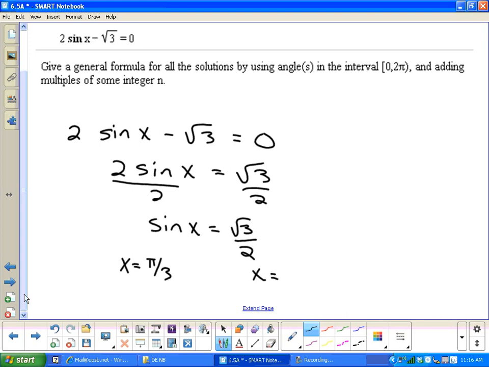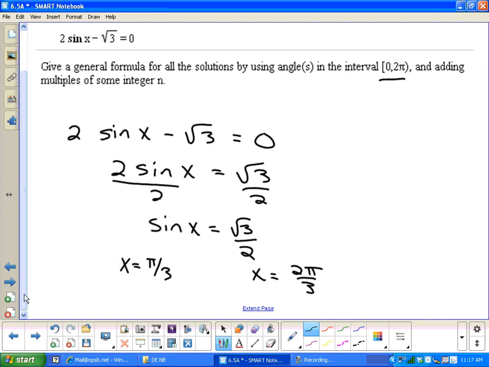And make sure you're right there. Yeah, 2 pi over 3. Y'all see where I'm getting those angles? Off my unit circle. Those would be the solutions that fall in the interval 0 to 2 pi. They fall between 0 and 2 pi.